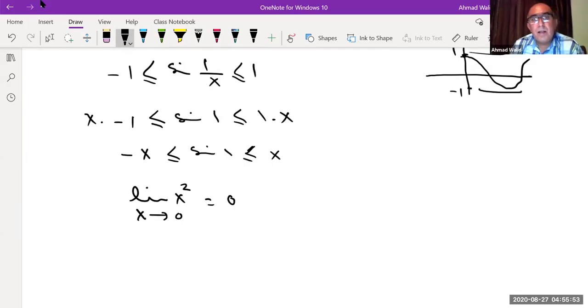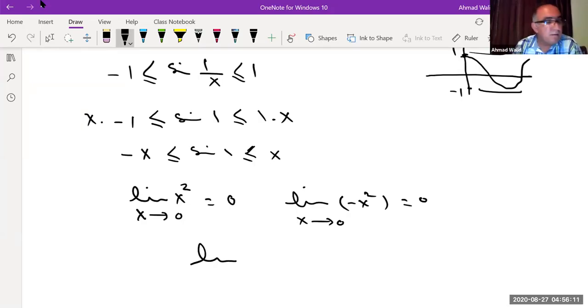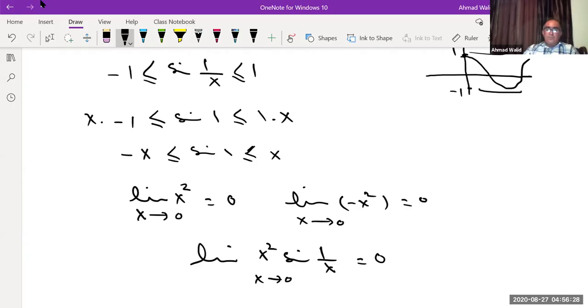Also, the limit of negative x squared as x approaches 0 gives you 0. You see, that is 0, then can I write the limit of x squared sine of 1 over x as x approaches 0 is 0? Because 0 times this gives you 0, right? And actually you proved that this limit is 0.